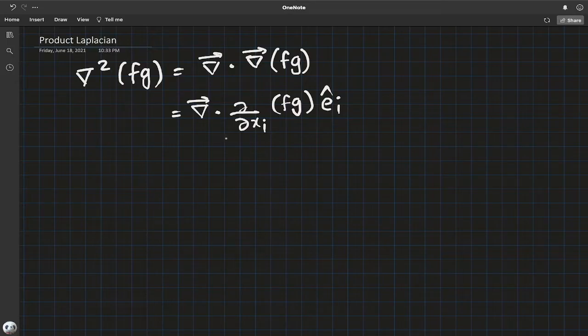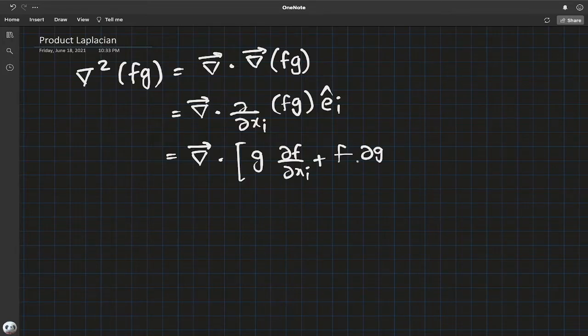ei hat. We can do the same with this guy, but before that we need to use the product rule of differentiation for a product of functions f times g. So we get the dot product of g times partial f with respect to xi plus f partial g with respect to xi, ei hat.